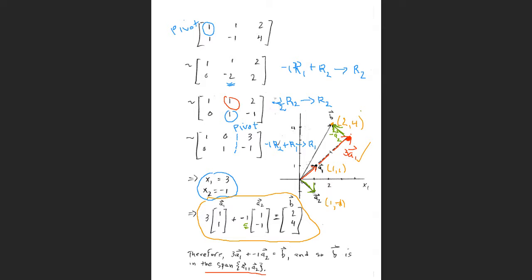The vectors a1 and a2 in the diagram here are what are called linearly independent. They're not multiples of each other in this case. And so you could take any vector in two-dimensional space and write it as some linear combination of those two linearly independent vectors, a1 and a2.